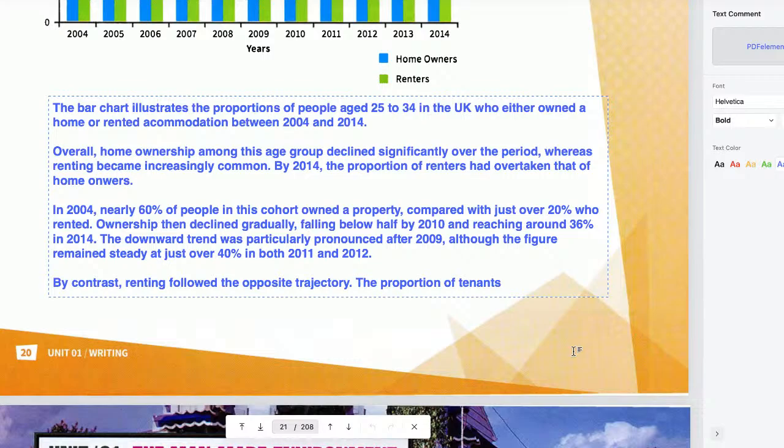What happened? It rose from some number in 2004 to some number in 2014, right? Of course, we can say went up or something. Last time you learned, we used that a lot, right? So this time we try to use the word rise or rose. Which one? Rose, right? The proportion of tenants rose, because it's in the past.